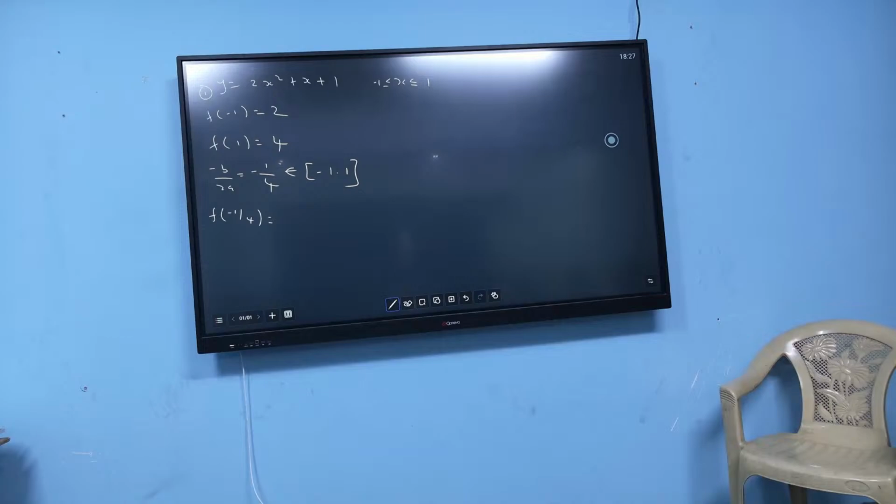You want me to solve? जहां जहां x है वहां minus 1 by 4 whole square. Minus 1 by 4.